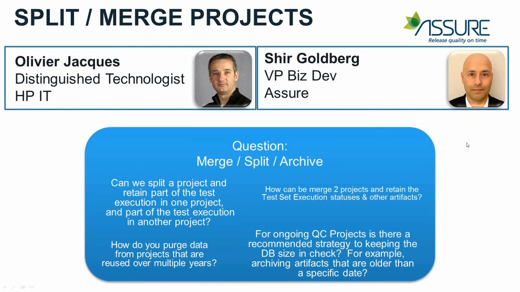The kind of question we got here is, how can you merge projects and retain the execution statuses and other artifacts? How do you purge data from projects that are reused over multiple years? It kind of repeats itself. We also got quite a few questions about merging.